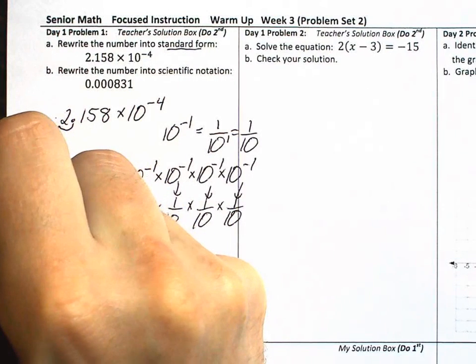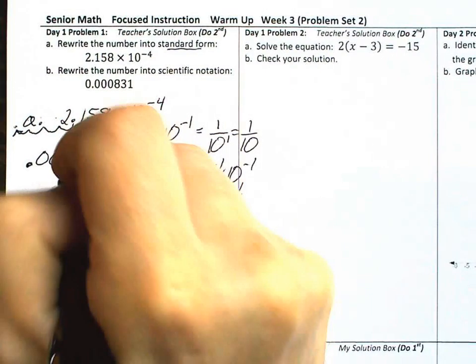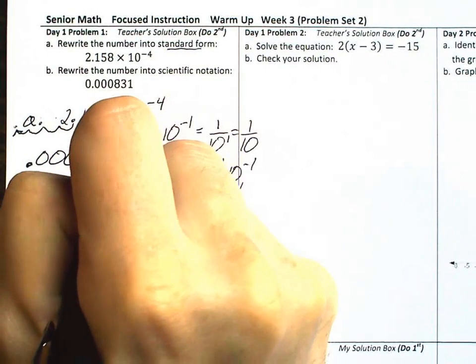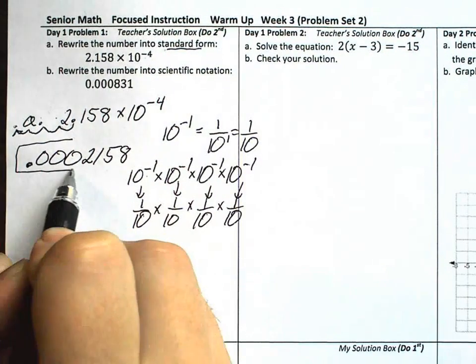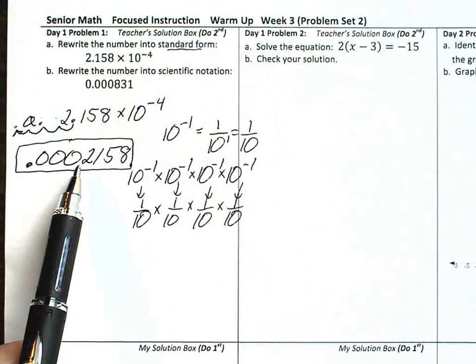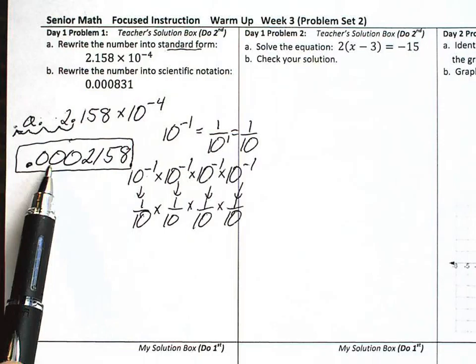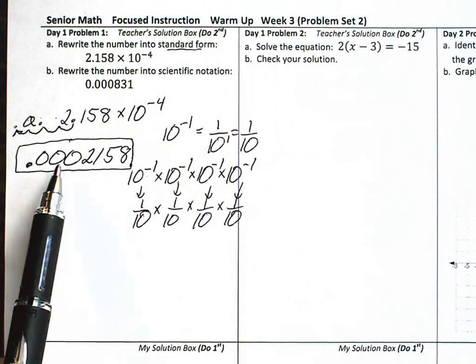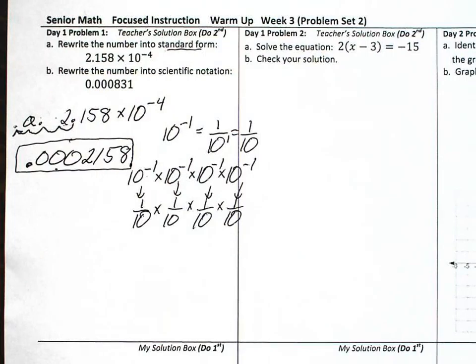That's going to create the number 0.000258. And so this very small decimal number, this is less than 1 full unit, is equivalent to this number in scientific notation.